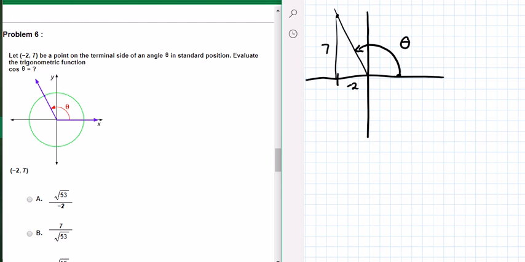This is theta, and this reference angle would be theta prime. And I'll draw in my right angle there. Using my Pythagorean theorem or my square root of x squared plus y squared, I would get my hypotenuse to be square root of 53, and since 53 is prime, it's not going to reduce at all.